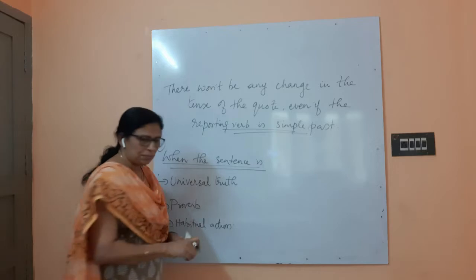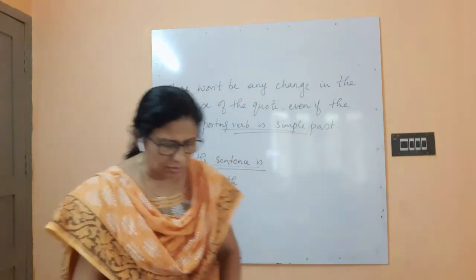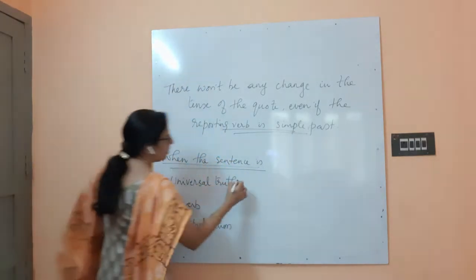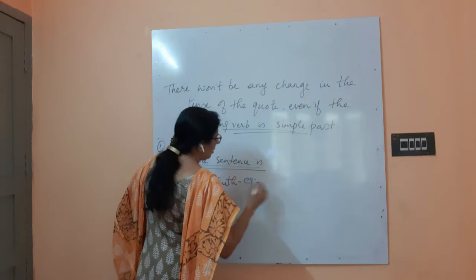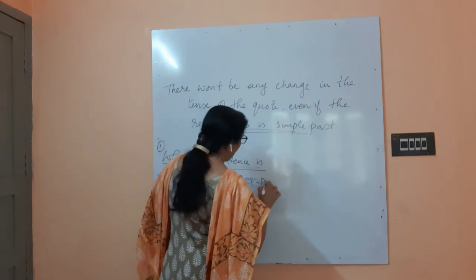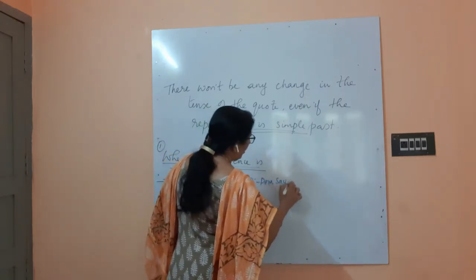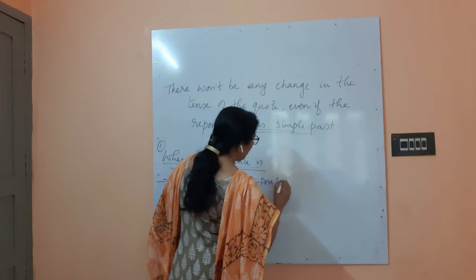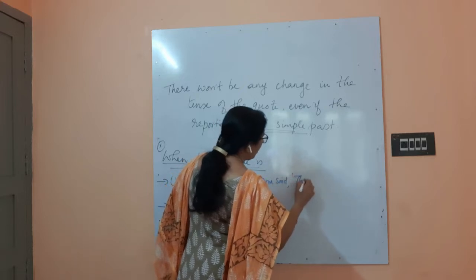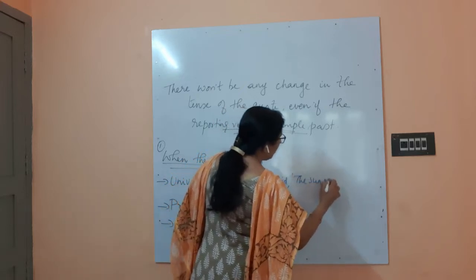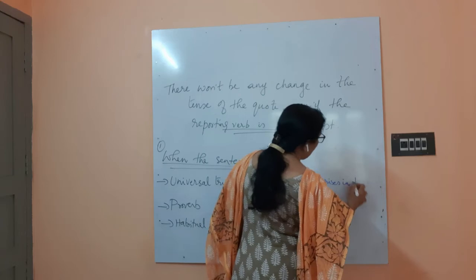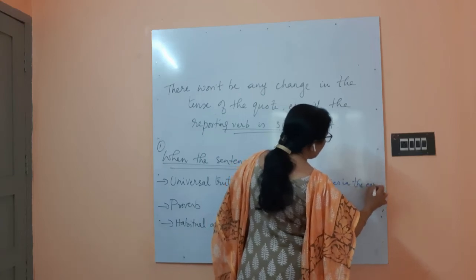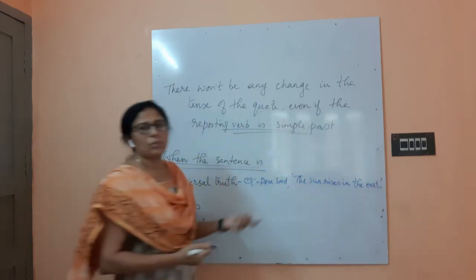I will give you an example. Universal truth. Example is, Anu said the sun rises in the east. You know that is a universal truth.